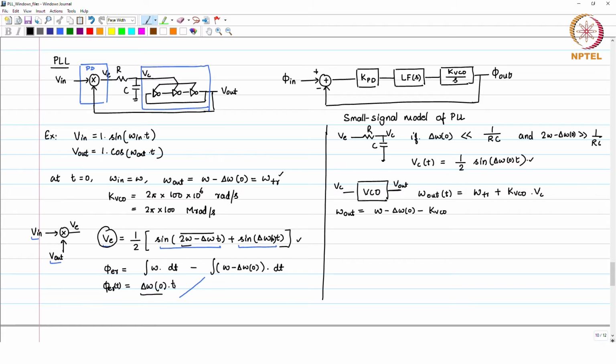What is VC? This is given here. So, you have k VCO by 2 into sine of delta omega 0 t.